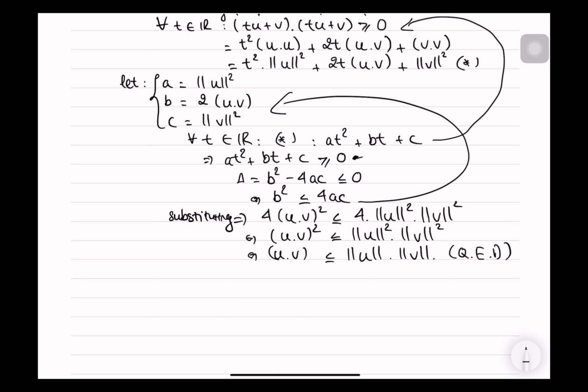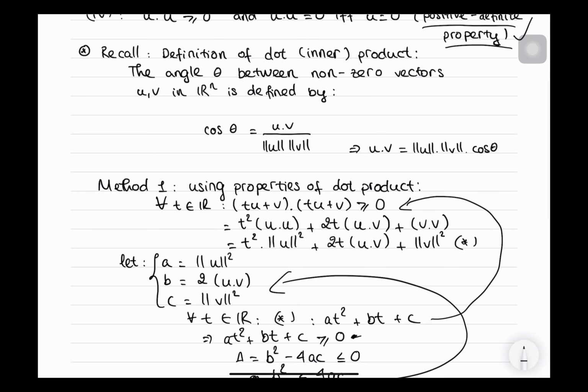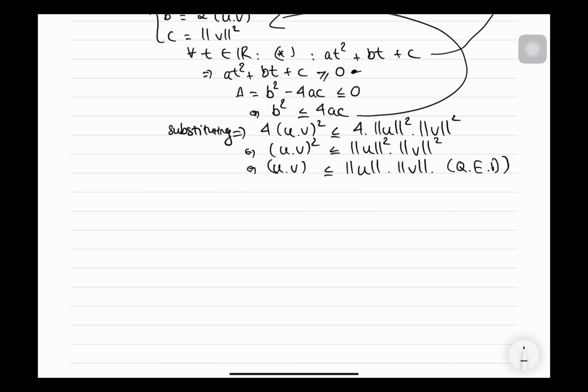Now, we're going to prove Schwarz inequality with the second method by using definition. This definition right here. What we're going to do in method 2 is we're going to see that u multiply v is equals to norm of u multiply norm of v multiply cosine of theta.